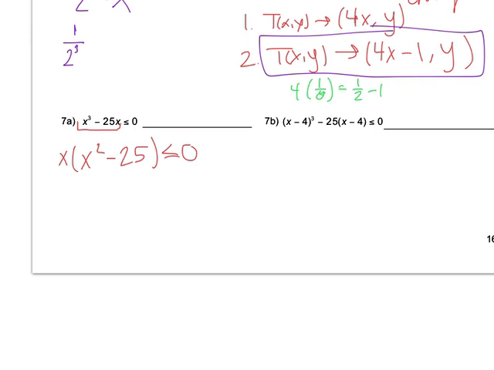So if I was solving this, remember, if this was just an equal sign right there, I would solve x equals 0, and then I would do this factor, which is x squared minus 25 equals 0. x squared equals 25. So I'd get x equals plus or minus 5. So I have 3 possible solutions here.